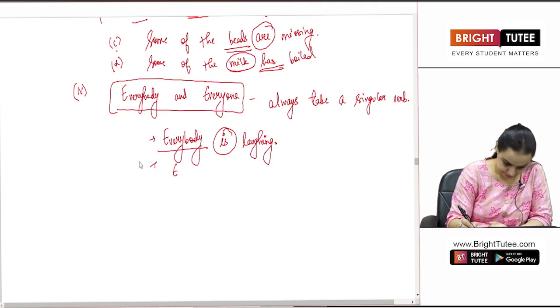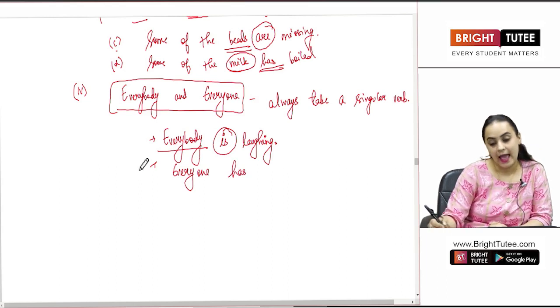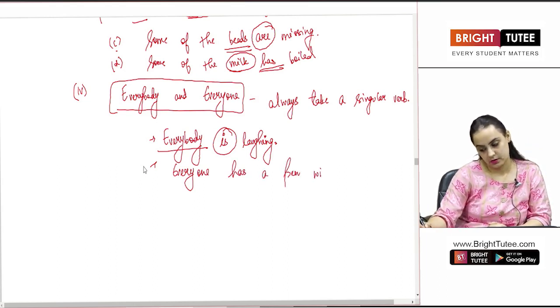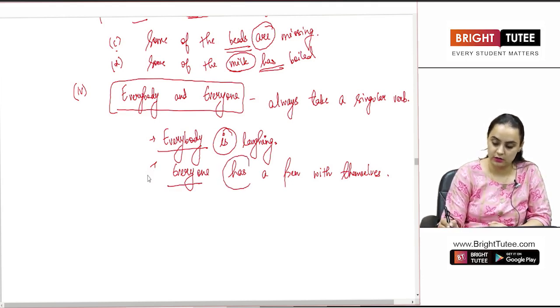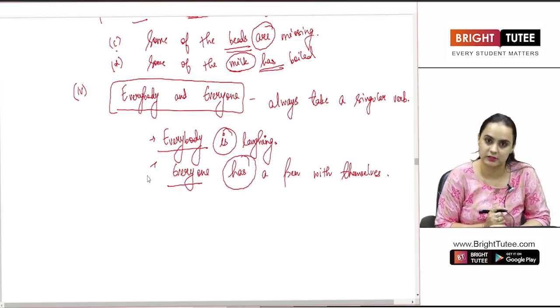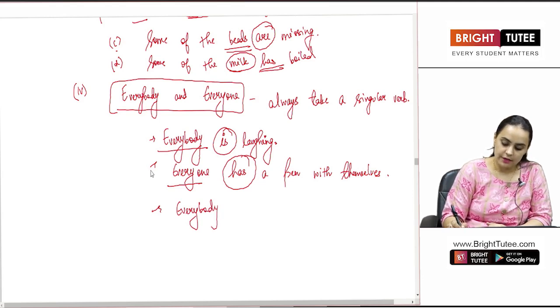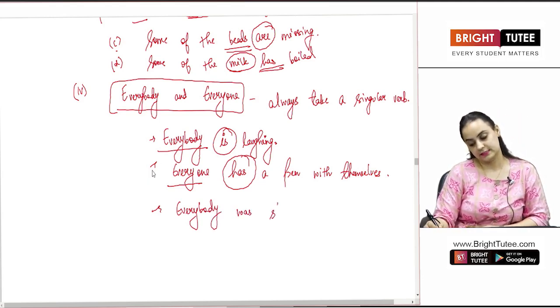Similarly, everyone has a pen with themselves. So for everyone, we use the singular subject, singular verb, which is has. Similarly, everybody was sleeping.